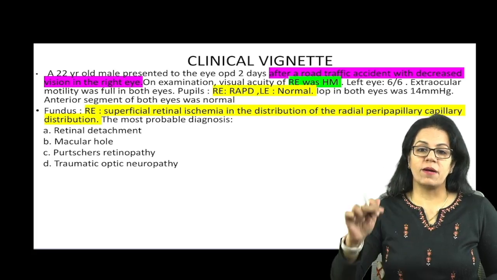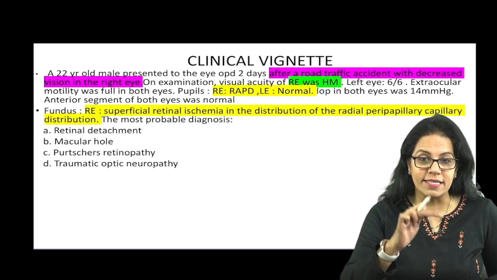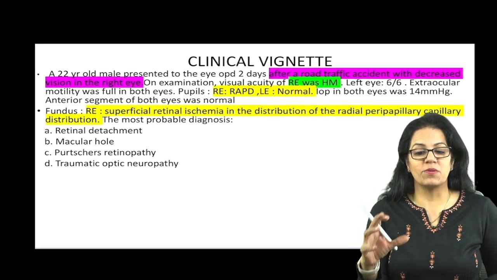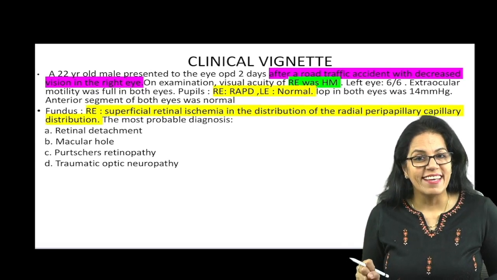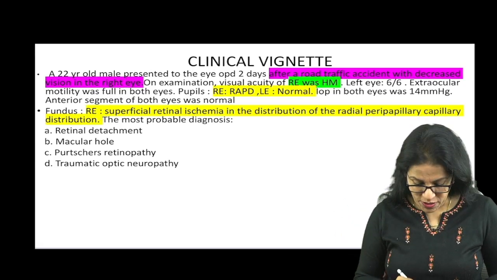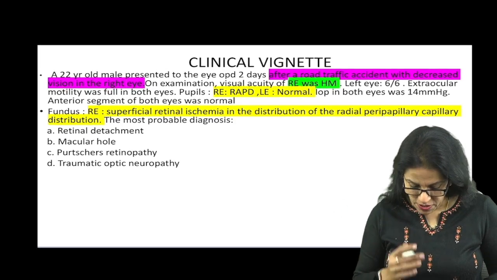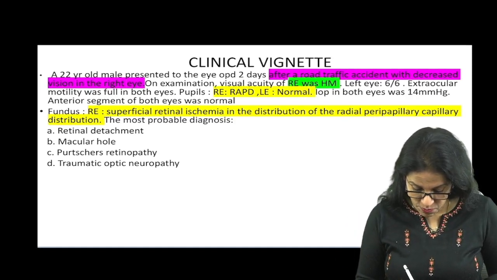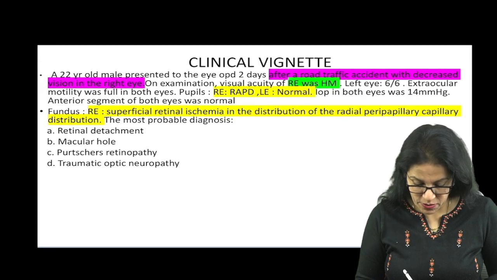Peripapillary means around the optic disc; in those capillaries you are seeing ischemic changes, and because of that you see some changes on the fundus. Now let's see the options. One option is traumatic optic neuropathy, another is Purtscher's retinopathy, macular hole, or retinal detachment.